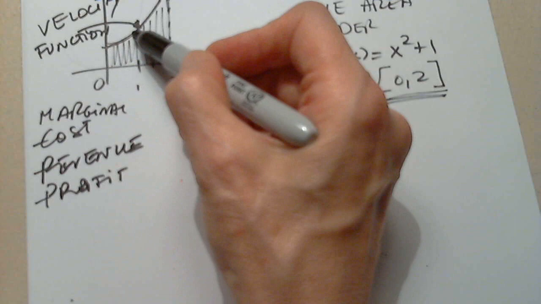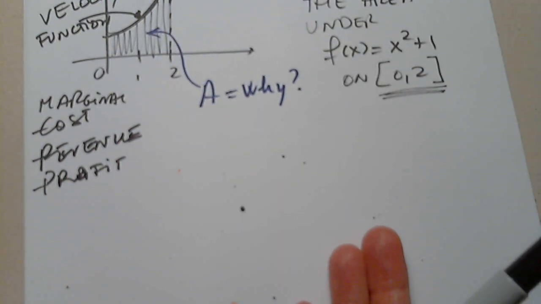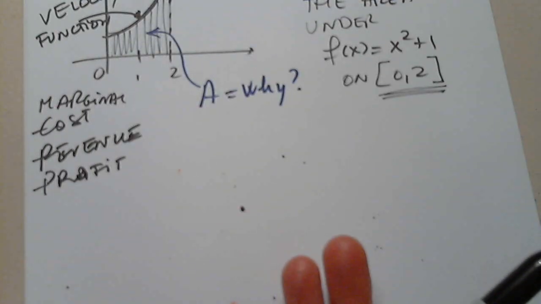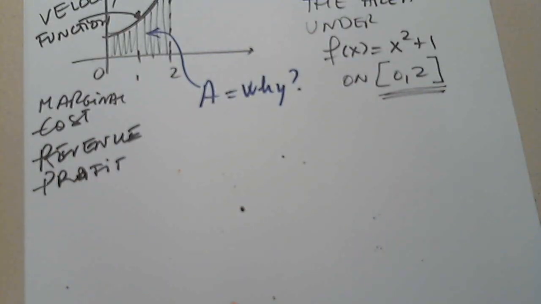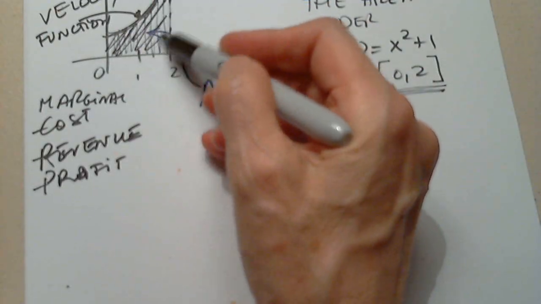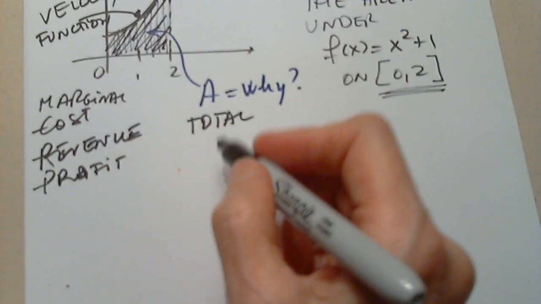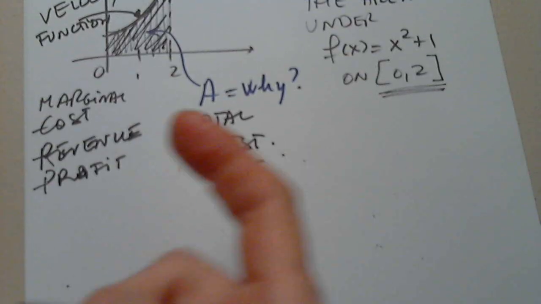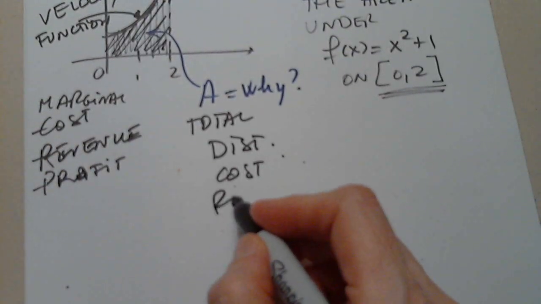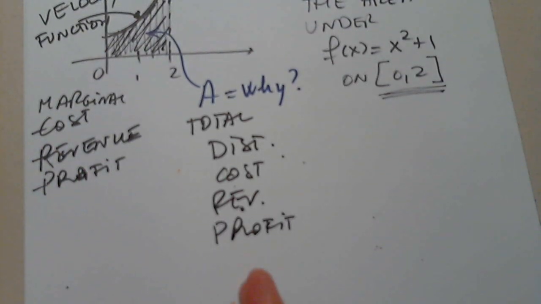So assuming that this function is either the velocity, which is a derivative of the distance, or the marginal cost, which is a derivative of the cost, or marginal revenue, which is a derivative of the revenue, or marginal profit, which is a derivative of the profit, this area represents the total distance, if it's velocity, the total cost, if it's the marginal cost, revenue, if it's the marginal revenue, or total profit.